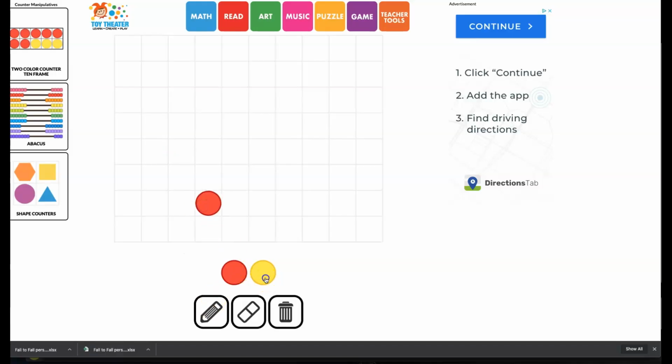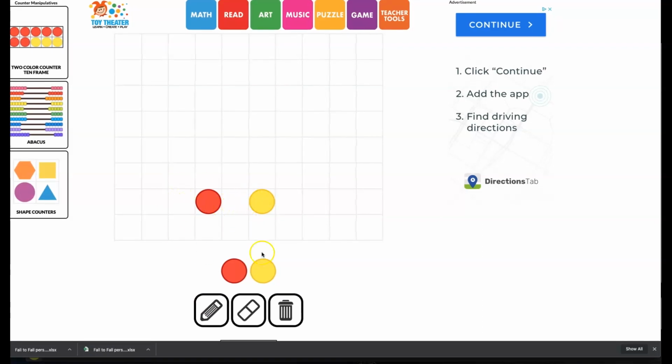So let's say red is negative, yellow is positive, this is zero, they cancel out. So no matter how many I have out there, this is still zero. This to me is like you have -3 and then +3, and if you group them together, you get 0.